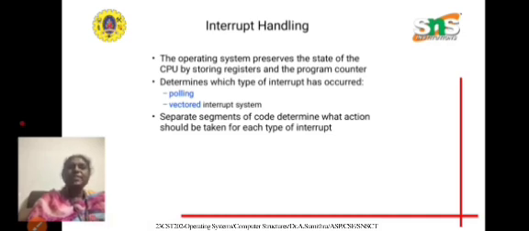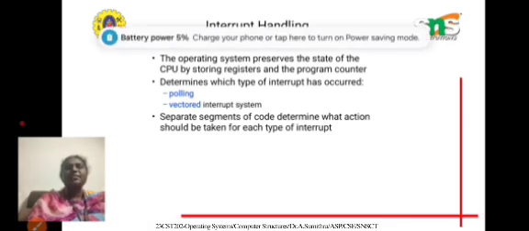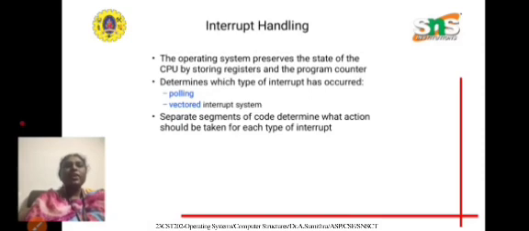The device itself interacts only with the controller's buffer, not directly with the CPU. Hence, an interruption occurs when a device finishes a task like printing a page. The controller sends a signal called an interrupt to the CPU, saying I am done, and lets the CPU focus on other tasks in the meantime.